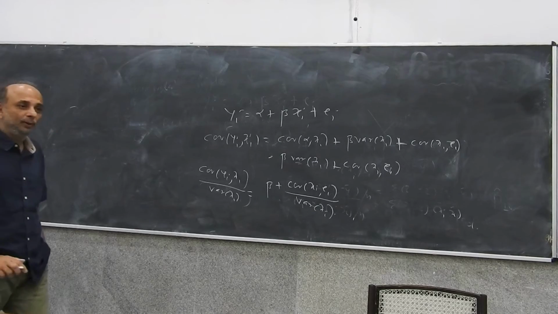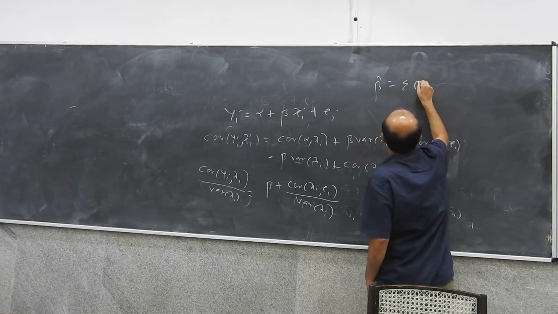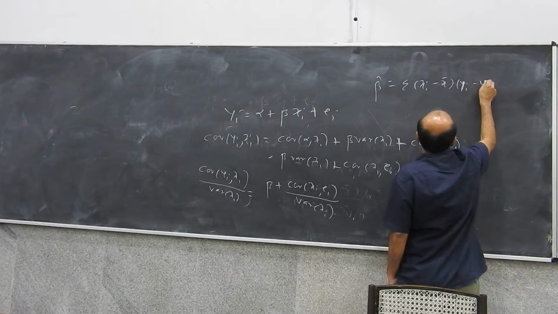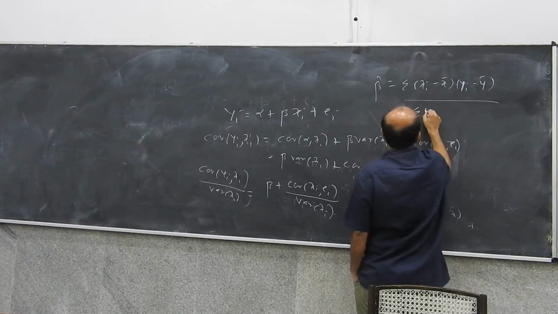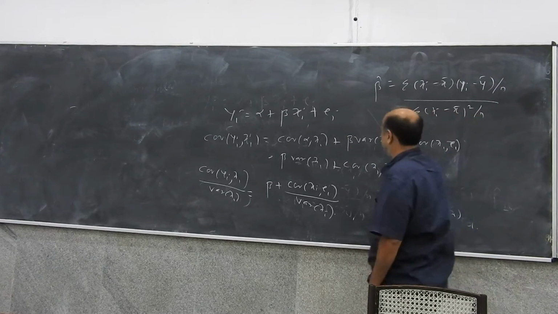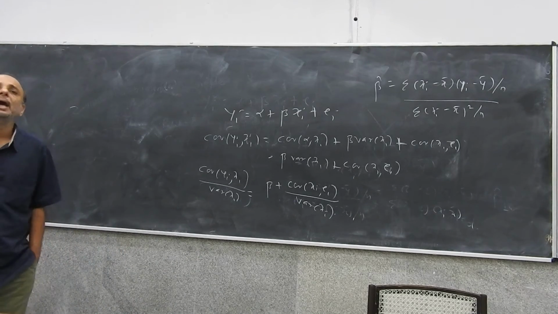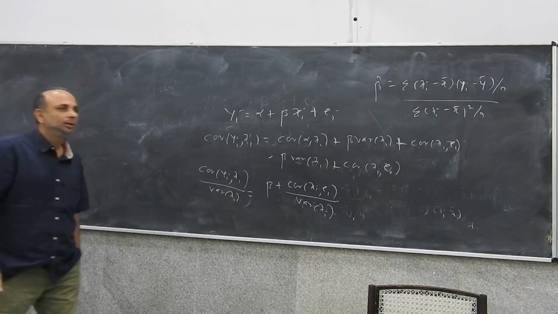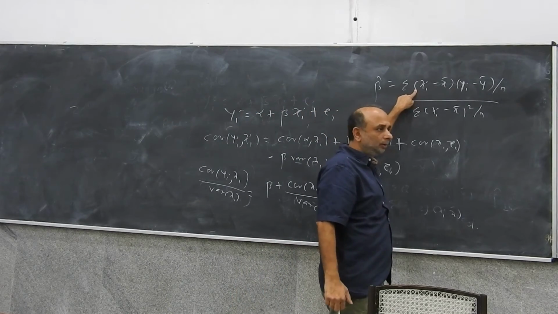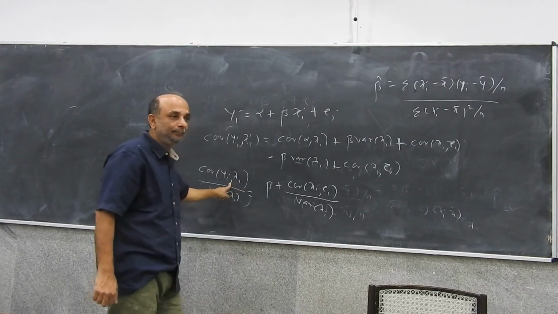What is the OLS formula for beta? Beta hat is equal to... Okay? As n becomes very large, where does this part go to? Covariance xi yi.